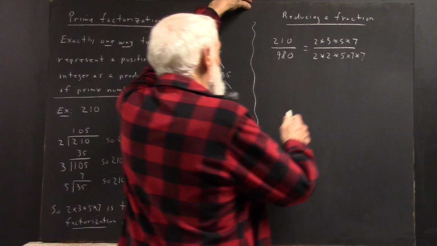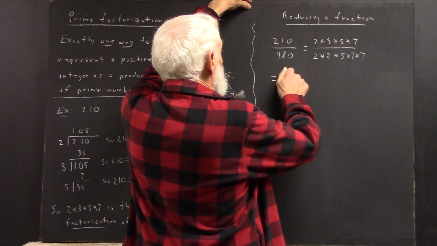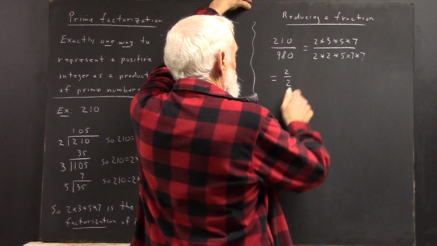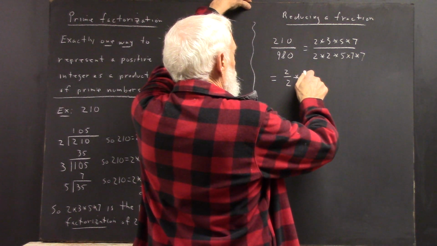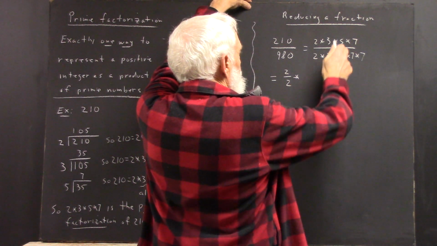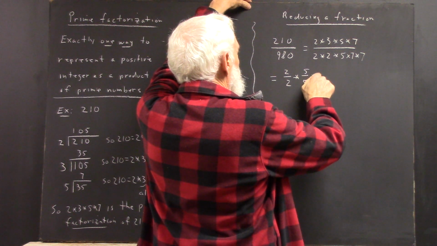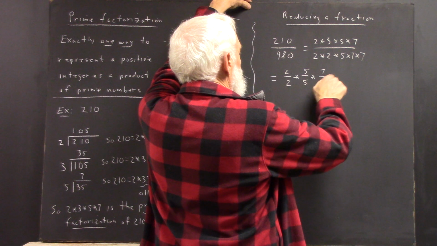So as an alternative to cancellation, I see that I can write this as 2 over 2, because I've got a 2 over 2 here, times what? Well, I've got a 5 there and a 5 there, so I can do 5 over 5, and I can do 7 over 7.